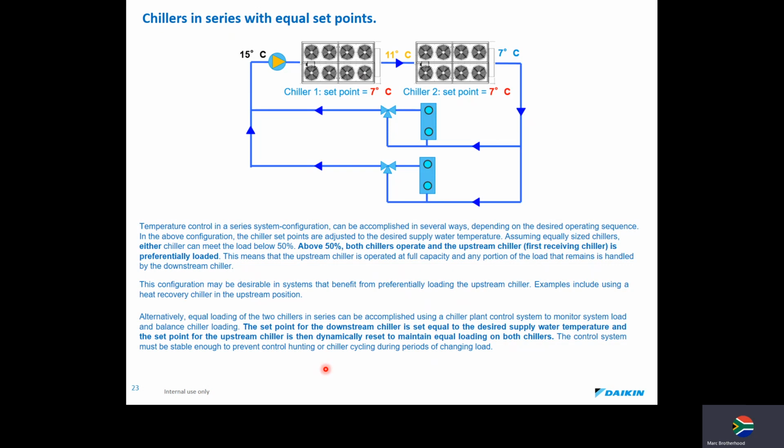The set point for the downstream chiller is set equal to the desired supply water temperature, and the set point for the upstream chiller is then dynamically reset to maintain equal loading on both chillers. This is obviously done by the chiller control system, and the control system must be stable enough to prevent hunting of the chiller cycling during periods of changing load. That's the last thing you want, an up and down hunting effect.